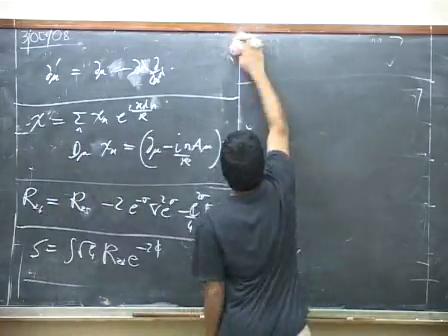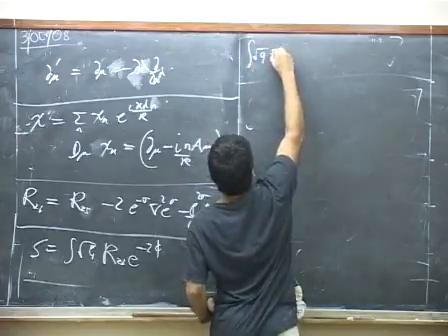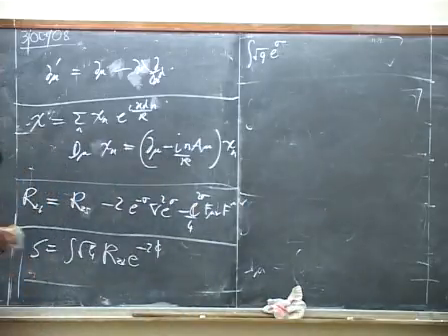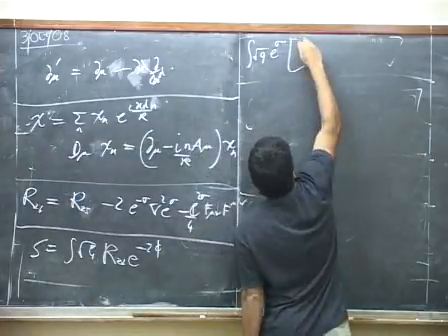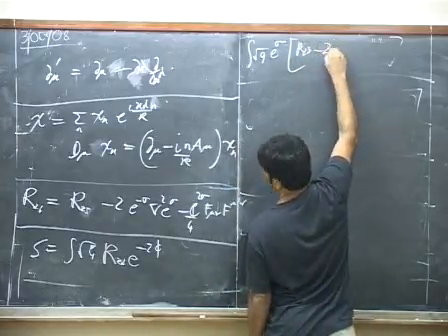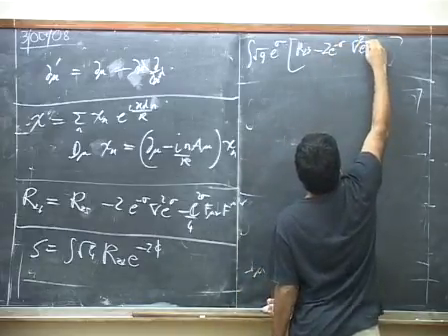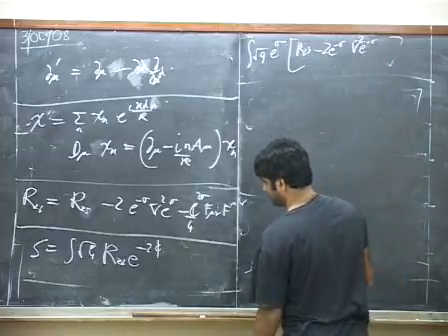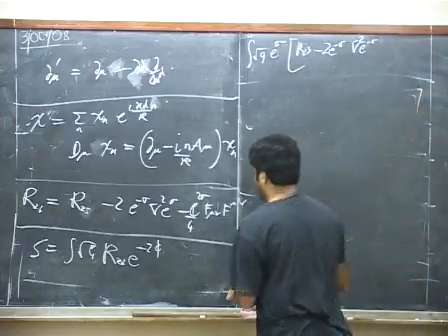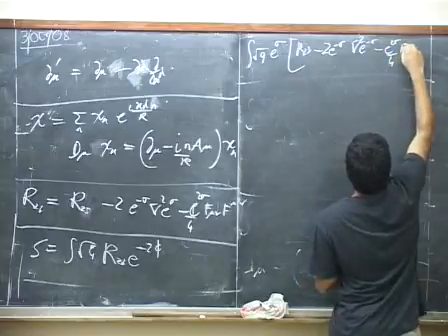Square root g, if you remember, became the integral of square root little g times e to the power sigma. Then this R26 we just got is R25 minus 2 e to the power minus sigma times del squared of e to the power sigma. And then we have minus e to the power 2 sigma by 4.